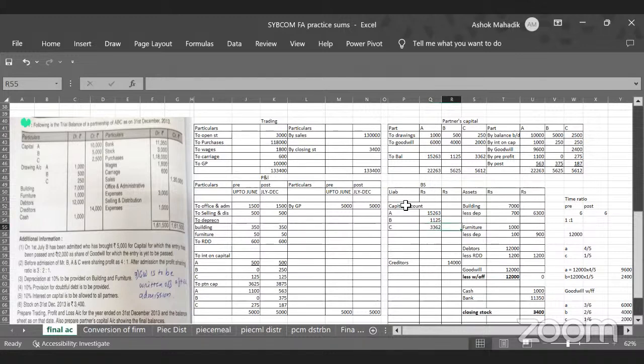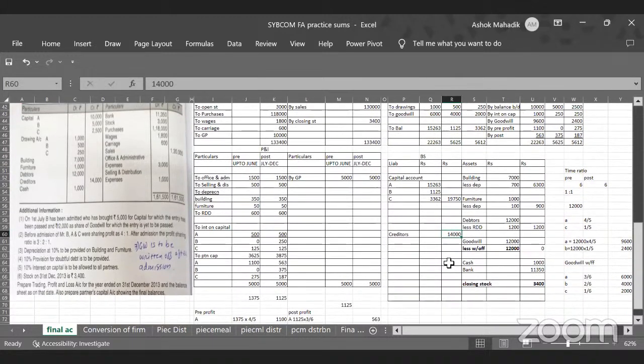Okay, now the total in the outer column. 19750. Let me check it. 19750. Correct.